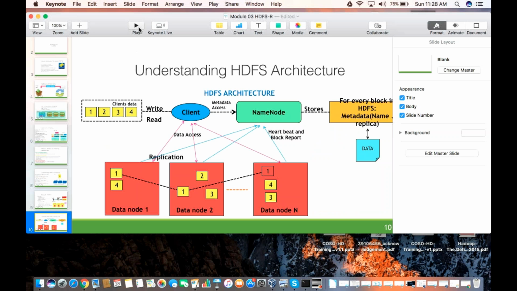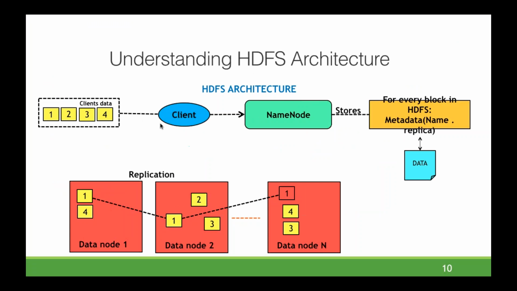So this is the HDFS architecture. Supposing this is a file that is divided into blocks. The client contacts the name node because the client wants to write the file. First it wants to write the file to these data nodes, so the name node will tell the client which data nodes to write the data to.